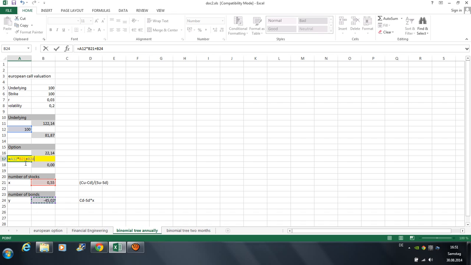So we have to discount the bond, so times the exponential function again, like this, and we discount it with the interest rate, which is R here, minus the interest rate, close parenthesis, and press enter. And now we got the value of the option.